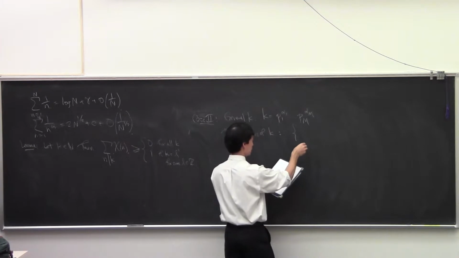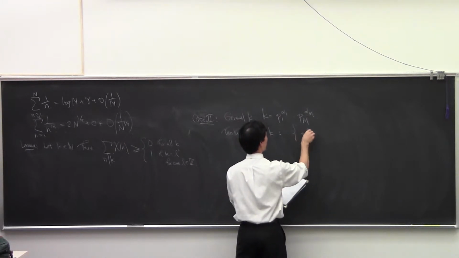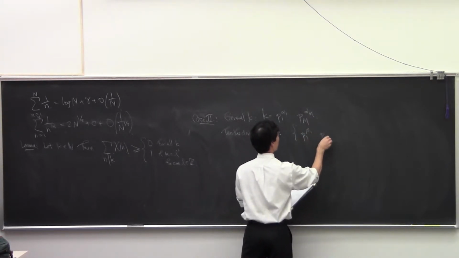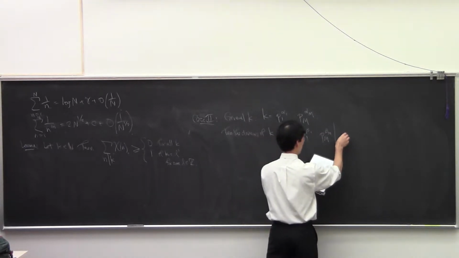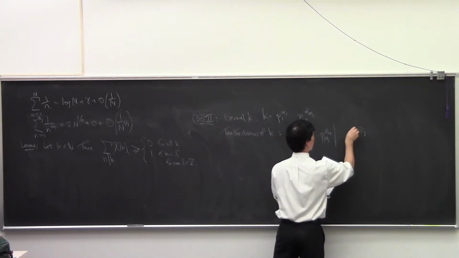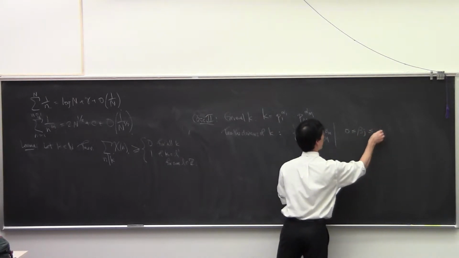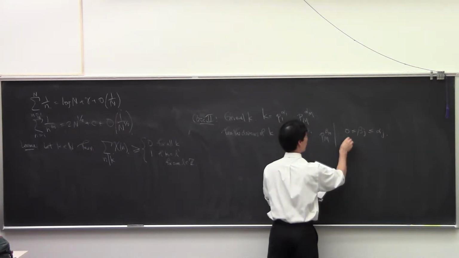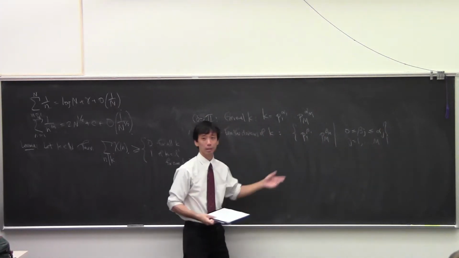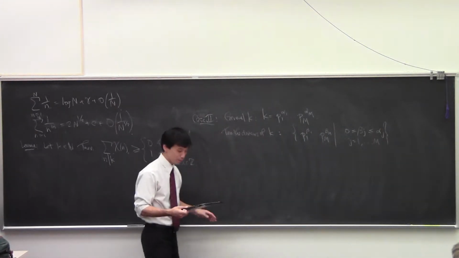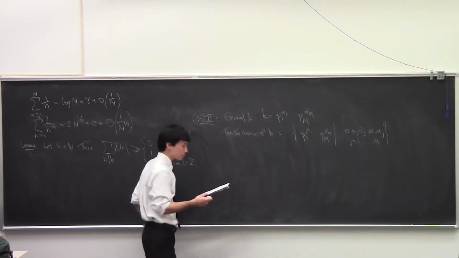They're the set of things that look like p1 to the beta 1 through pm to the beta m, where beta j lies between 0 and alpha j, for j from 1 through m.